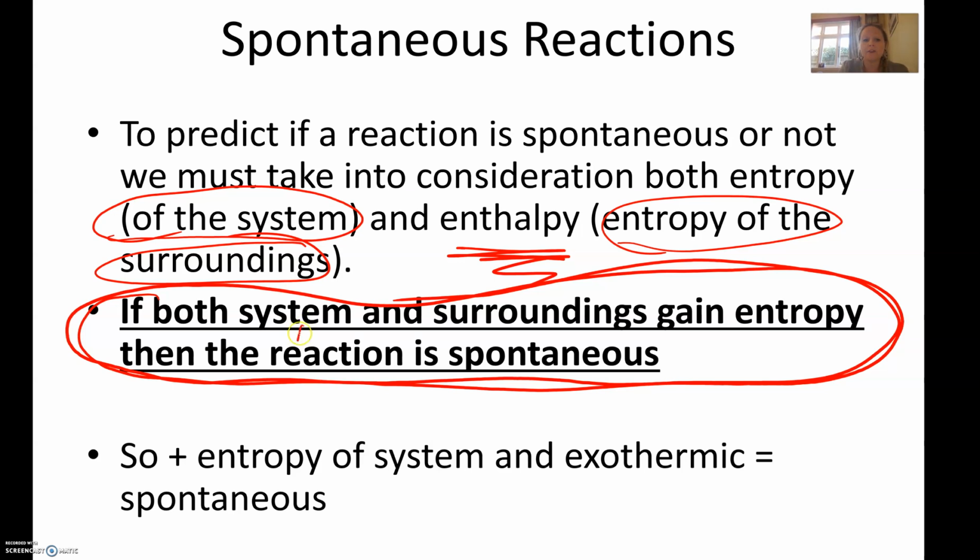So if the system gains entropy, so the positive entropy, so if it goes from liquid to gas, or if there are more particles being produced in the products, that's a positive system. And surroundings, the only way to have surroundings gain entropy is if it's exothermic. So if you have positive entropy of the system and an exothermic reaction, then the reaction will always be spontaneous.